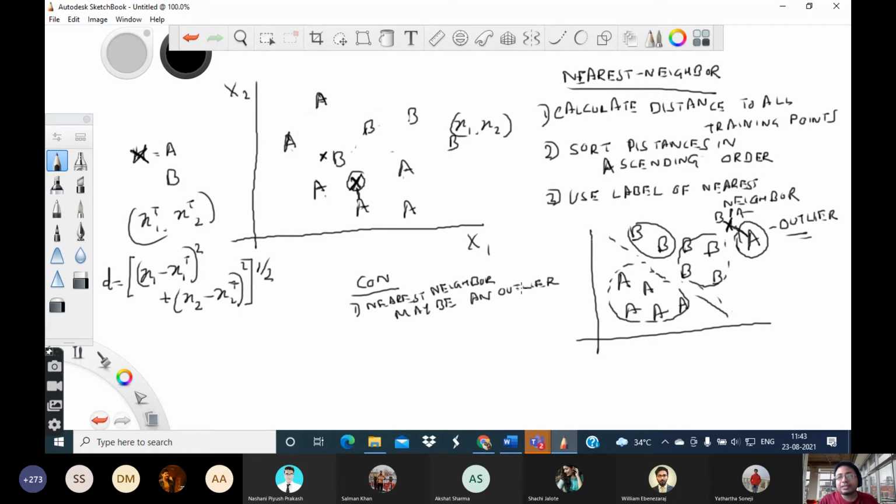An outlier is something which is simply an unusual point. So you generally do not classify everything considering that as your example. It's like a freak case, an unconventional case based on which you should not take any decision.